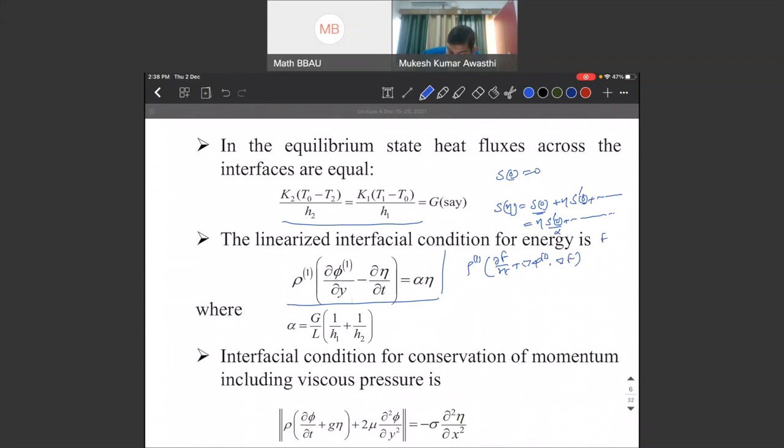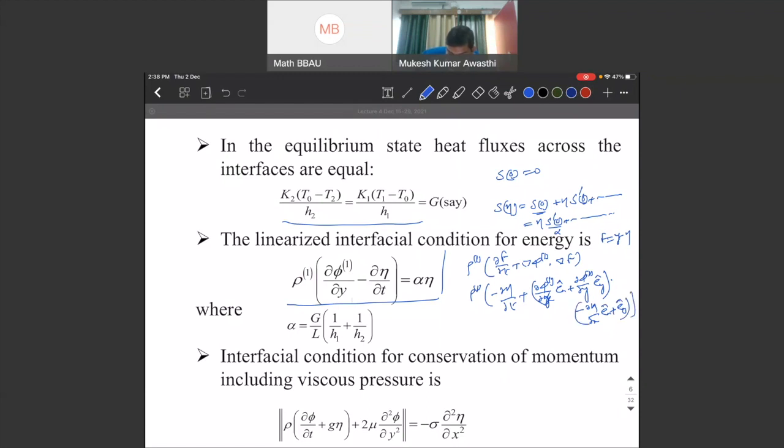As we know, f is y minus eta. So rho 1, it is minus del eta by del t plus del phi 1 by del x ex plus del phi 1 by del y ey, dot product with minus del eta by del x ex plus ey.